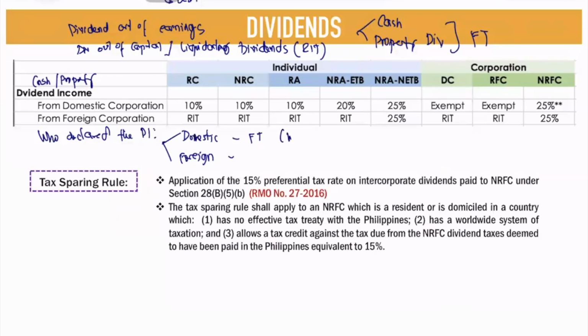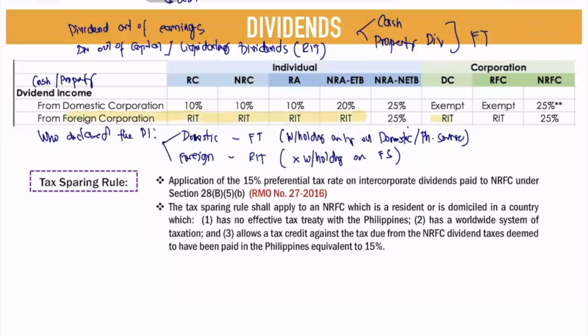Because we said we can have withholding only on domestic or Philippine sources. But for foreign, we subject that to RIT. Why? There can be no withholding on foreign sources. Kaya pansinin nyo, pag yung dividend galing sa foreign corporation, RIT siya normally. Kasi nga, we cannot really impose withholding on them.